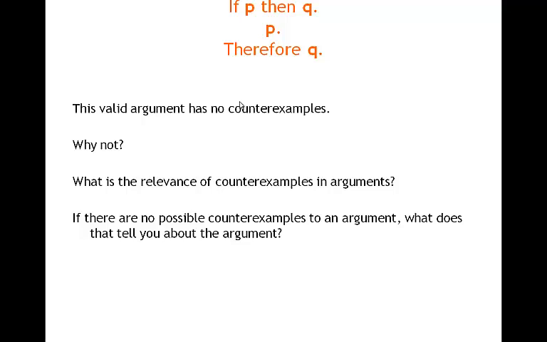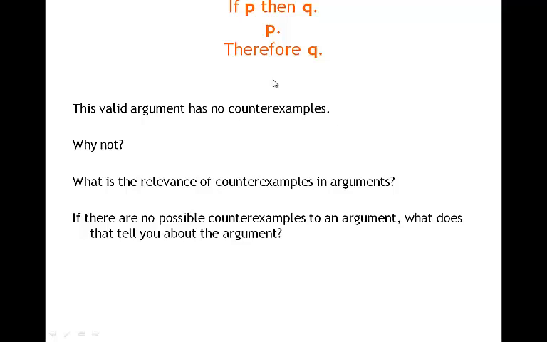Okay, so later on we're going to talk in the next couple of modules about counterexamples and validity more specifically. We're going to talk about entailment as well. Here's a valid argument: if P then Q, P, therefore Q. The rule of inference being employed here is called modus ponens, a valid piece of reasoning.